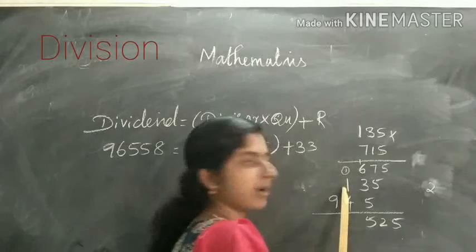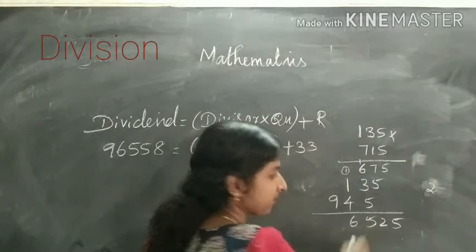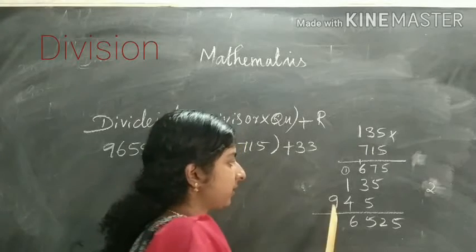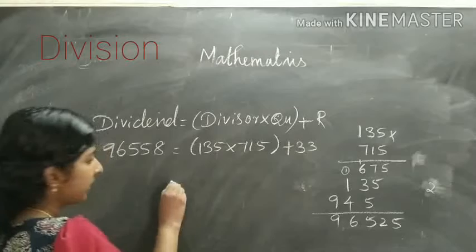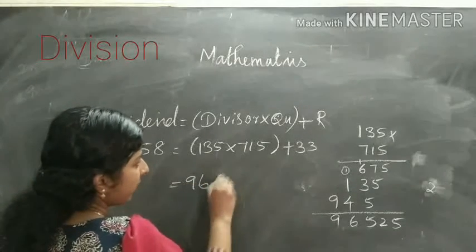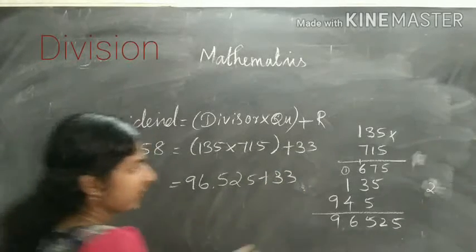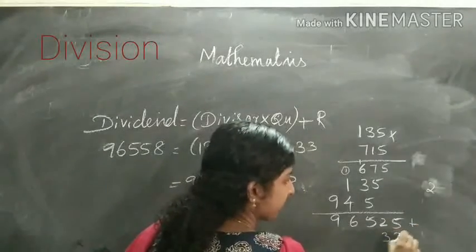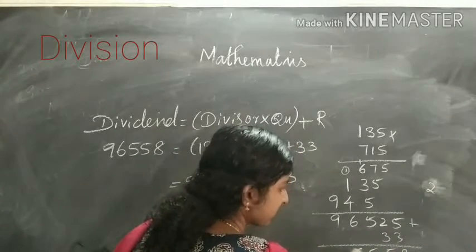Then 1 plus 1, 2, 2 plus 4, 6. Then here 9. Here we get 96,525 plus 33. What is the answer? 96,558.